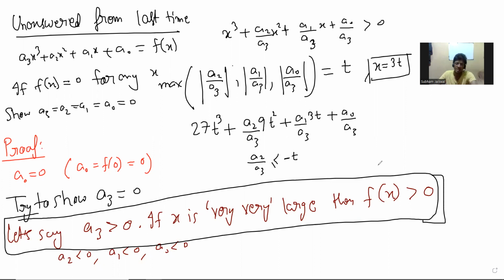No, sorry. It's greater than equal to minus t. Is that right? That's what it means to say that its magnitude is not more than t. So the number cannot be lesser than minus t. I could draw it and show, but just think.